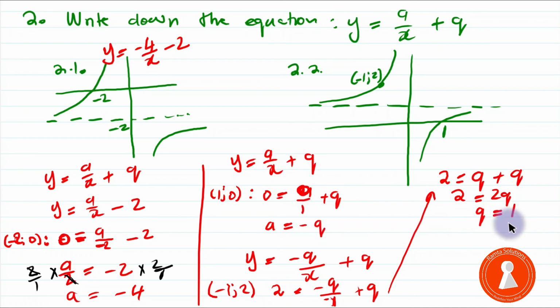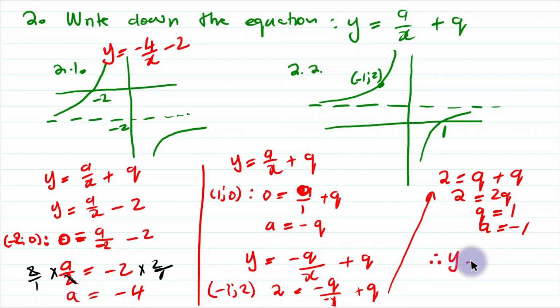So if q equals 1, remember we said a equals -q. This means a equals negative 1. Indeed, a is negative. Can you see that? So our results seem to be working. Therefore, we can say y equals negative 1 over x plus 1. Okay? This seems to be working.